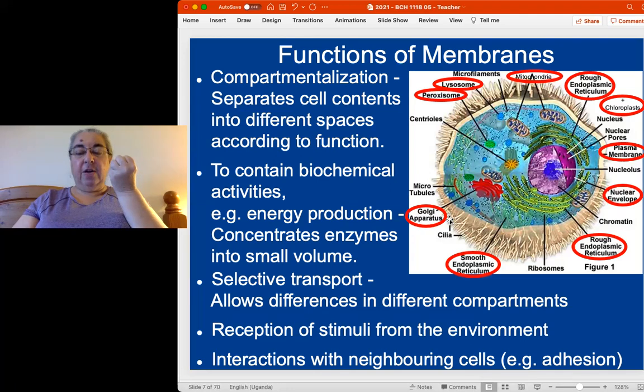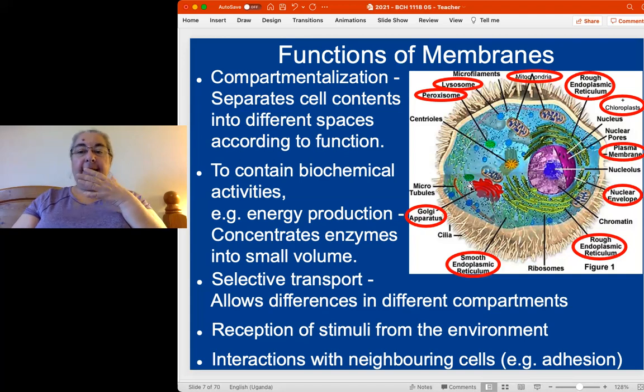If you think of a large number of enzymes carrying out a particular activity, if again we think of the digestive enzymes inside the lysosome, they are concentrated inside the lysosome because they're kept in an enclosed space. And therefore, the enzyme and their substrate are close together and allows the enzyme to work very efficiently.